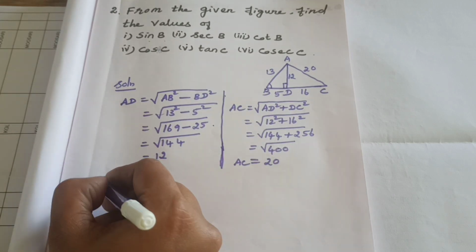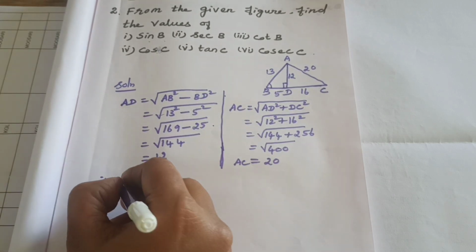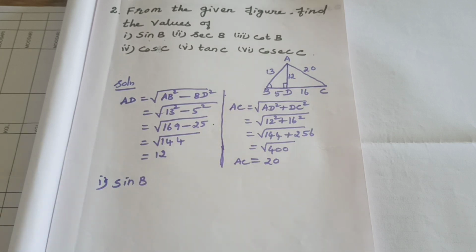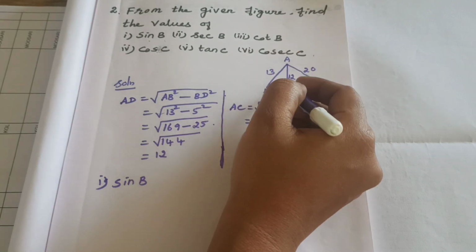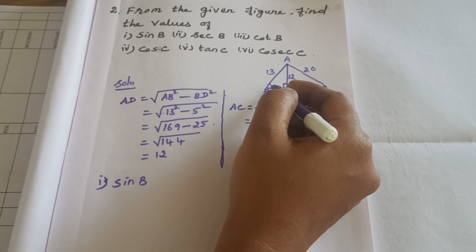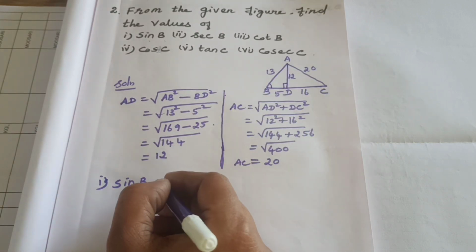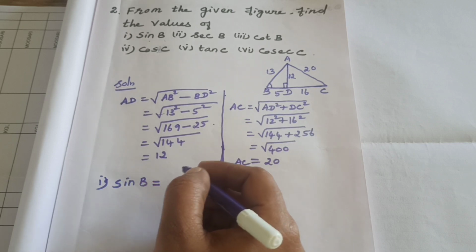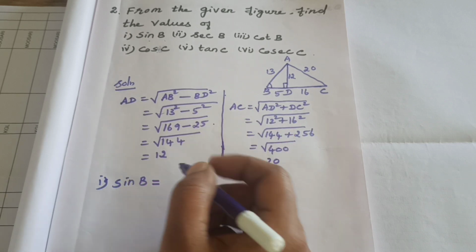Our first question is sine B, the angle B. Take this triangle. Sine B, what's the formula? You say the formula. Very good. The formula is opposite side divided by hypotenuse.